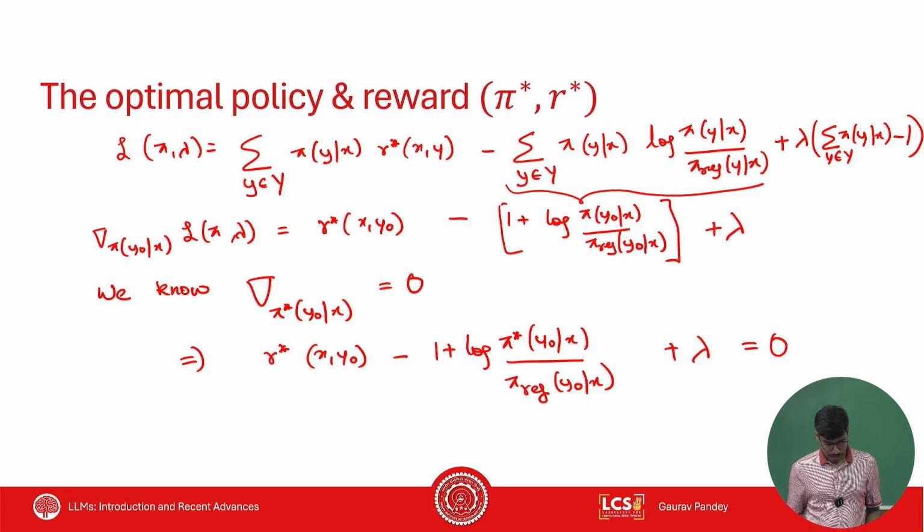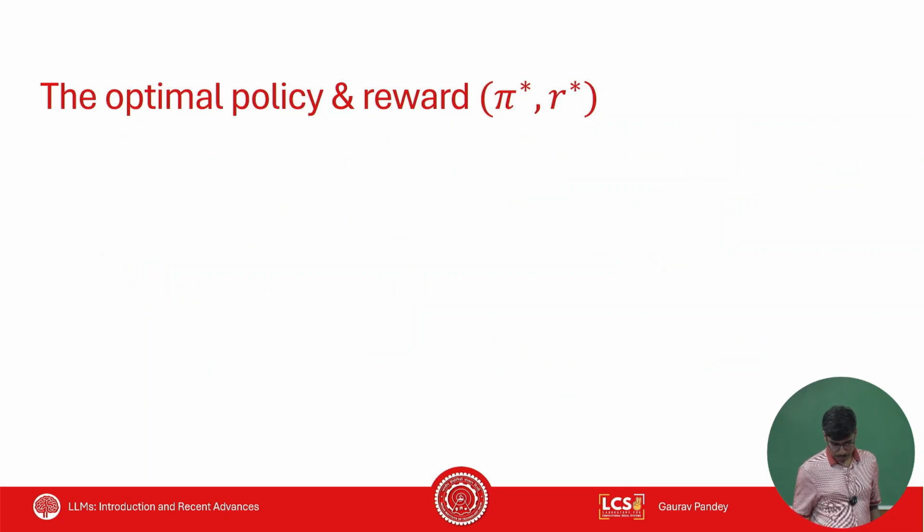So now there are two ways I can write this equation. I can write r star in terms of pi star, or pi star in terms of r star. Let me write pi star in terms of r star. Let's go back to the previous equation.